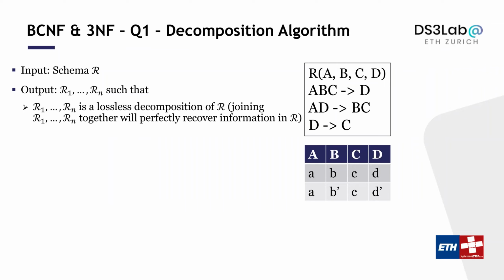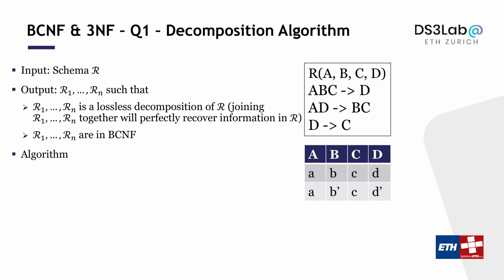First, R1 to Rn is a lossless decomposition of R, meaning that if I join them together, I will perfectly recover all the information in R. And second, I want each Ri to satisfy BCNF. So that's the algorithm that I want.